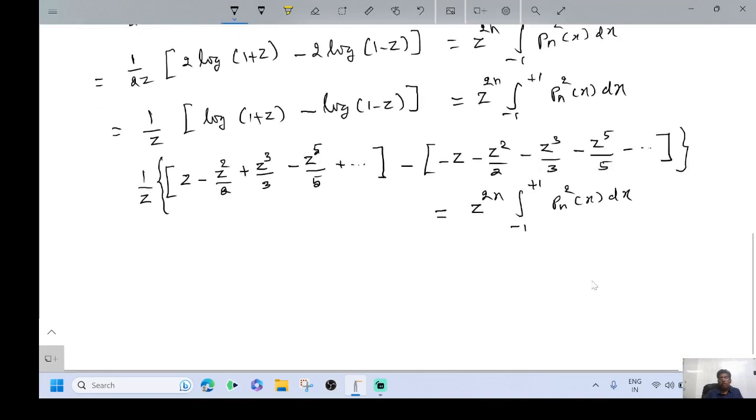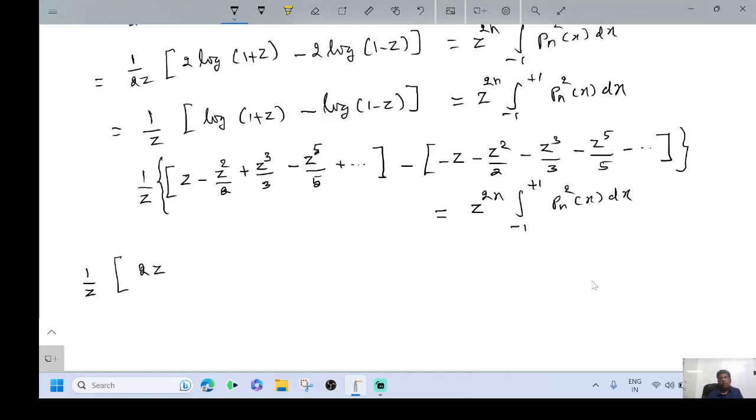Now you have to modify them. See, this is 1 by z. Now you have to combine z minus z, that is 2z. Minus z square by 2, see this, minus of, here minus z square plus.